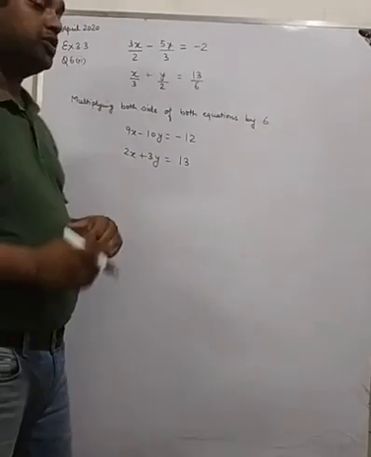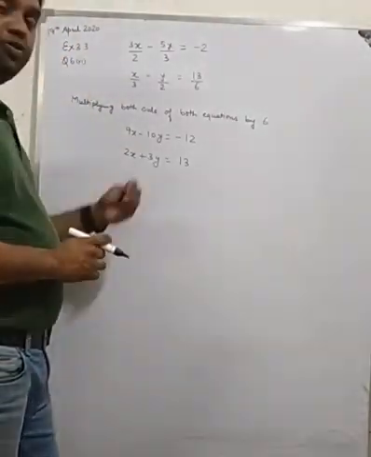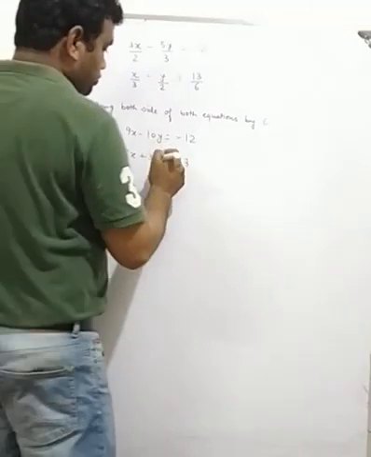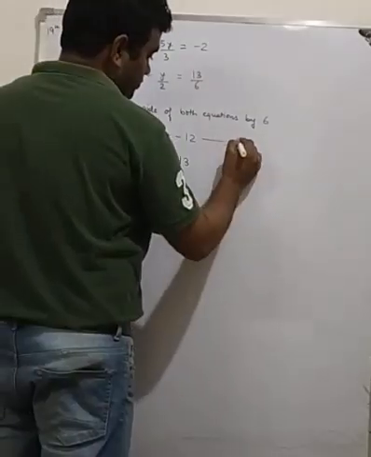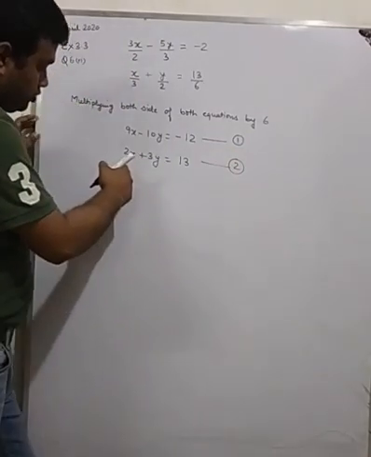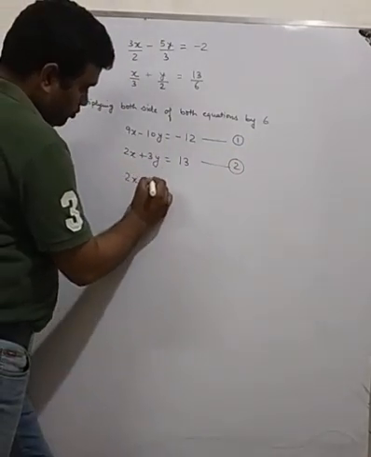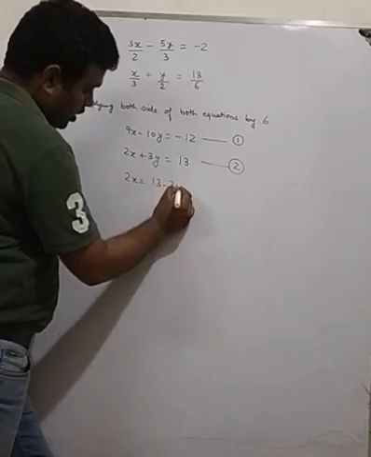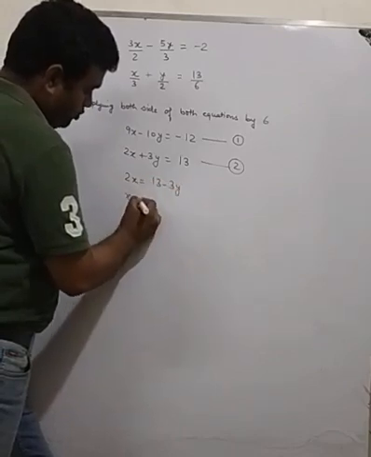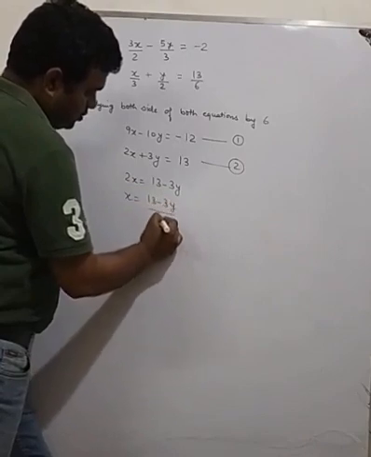So we need to solve this question using the substitution method. So I am going to substitute the value of x from equation 2. If we see, this will be 2x is equal to 13 minus 3y, or x is equal to 13 minus 3y by 2.